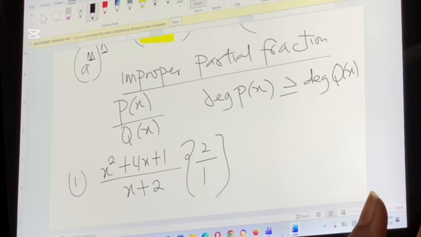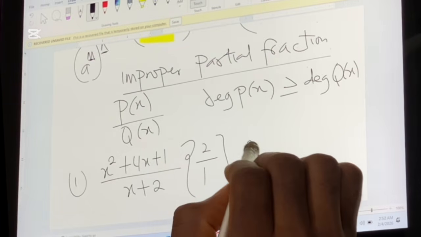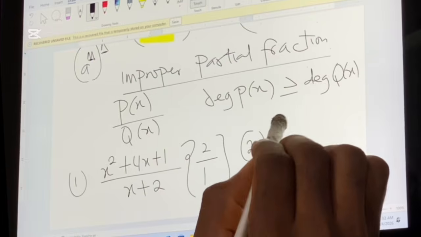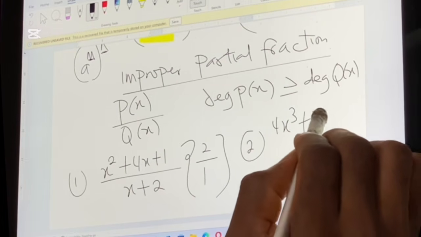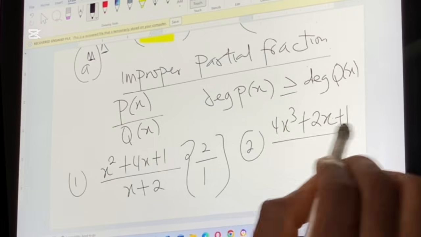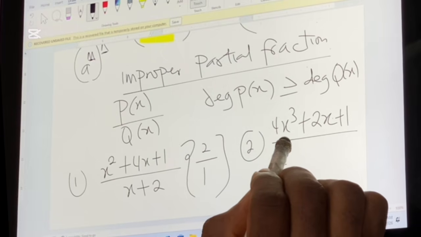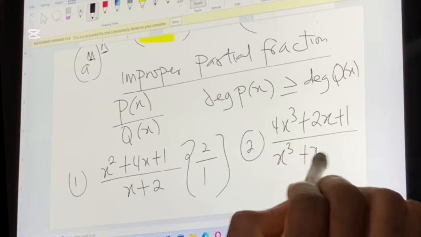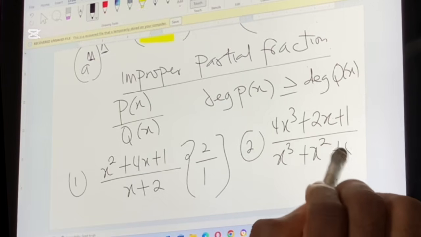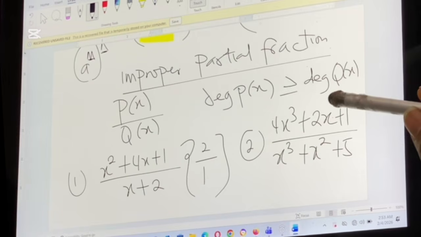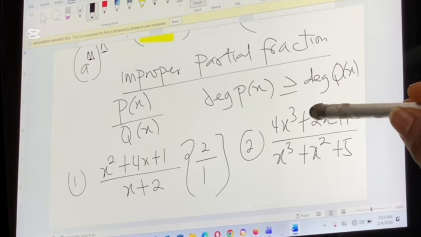So this is going to be what? An improper partial fraction. If I have an equation like this, 4s raised to the power of 3 plus 2s plus 1 over s raised to the power of 3 plus s squared plus 5, from this particular question, class, I will call this improper because the highest power at the numerator is the same as the highest power at the denominator.